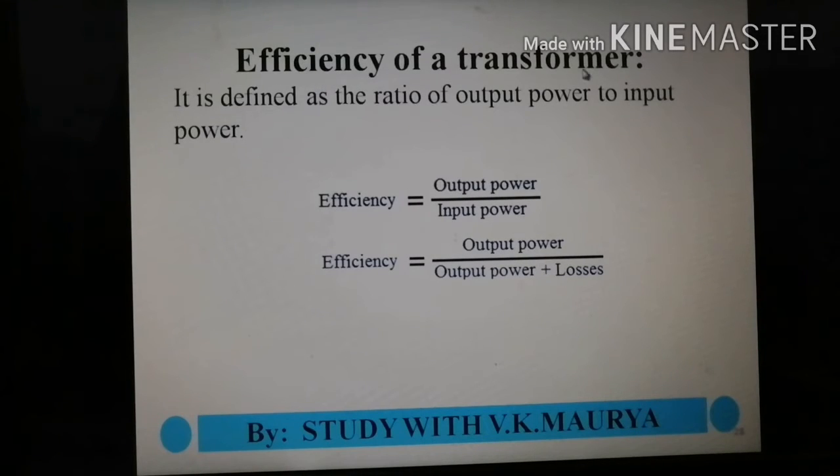Although the formula for the efficiency of a transformer is output power divided by input power, in the case of the transformer, time of operation is one of the necessary factors. So we are going to change this formula to all day efficiency.